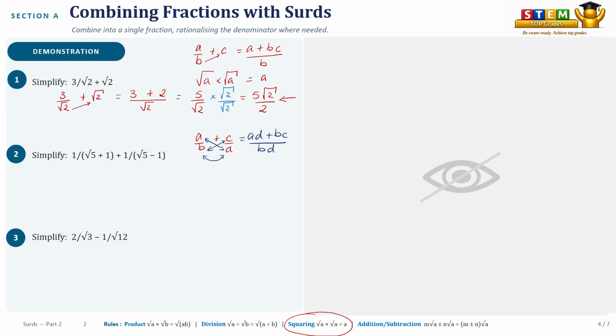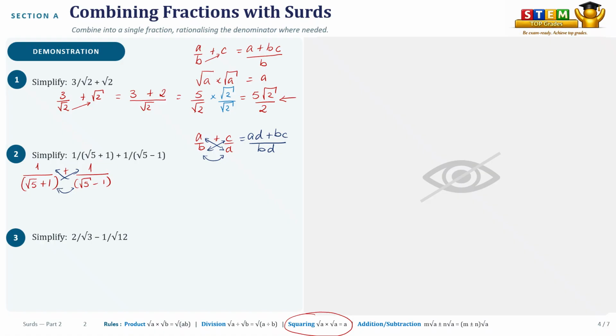Okay, so let's do that. Over here, we've got 1 over root 5 plus 1, and then plus 1 over root 5 minus 1. We'll put the brackets in so that we don't get mixed up. Like we said earlier on, we're going to do the cross multiplication and smile.